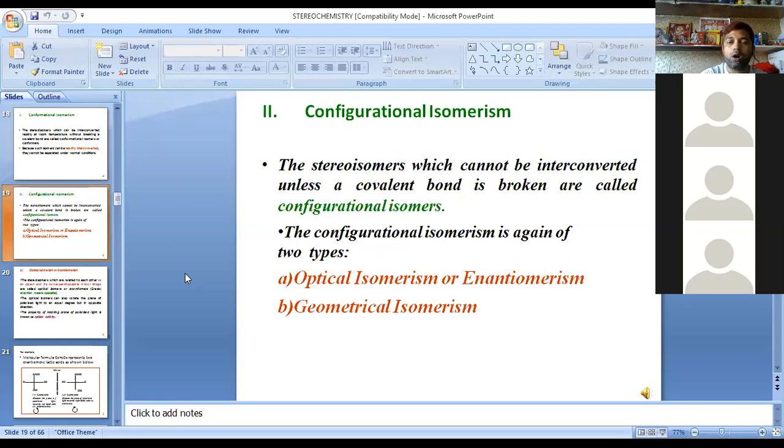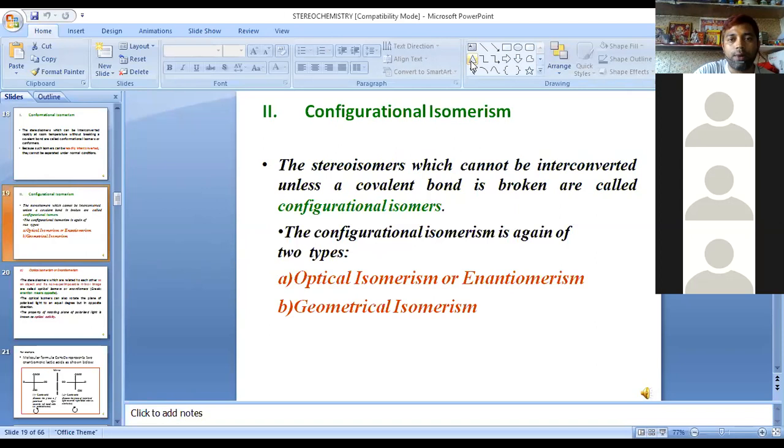Configurational isomers, again, are classified into two categories, optical and geometric isomers. Understood? The rest we'll discuss tomorrow. Optical activity we'll discuss tomorrow.